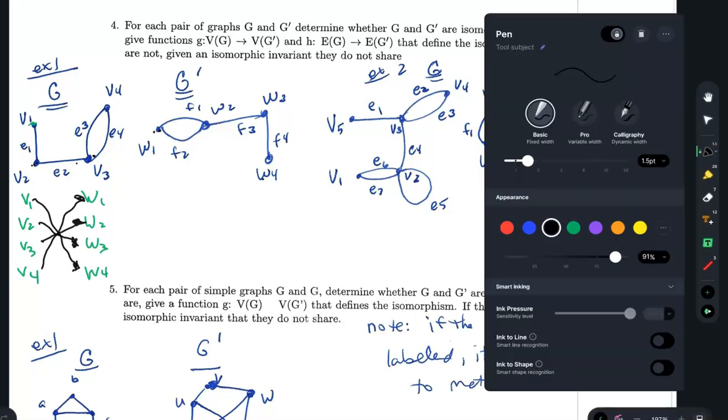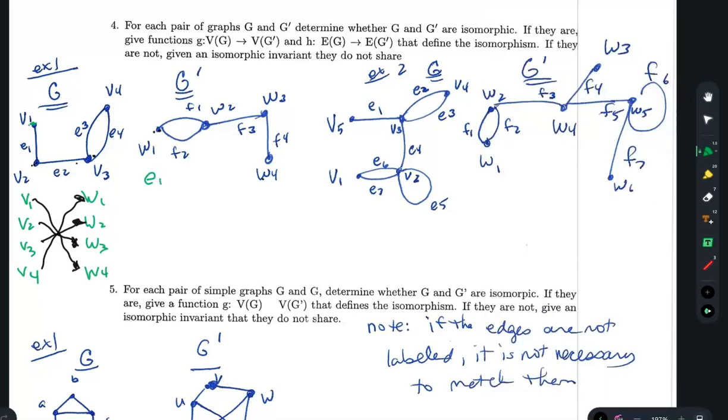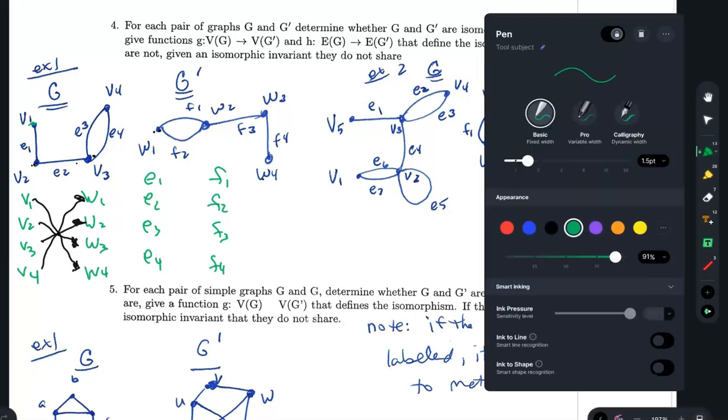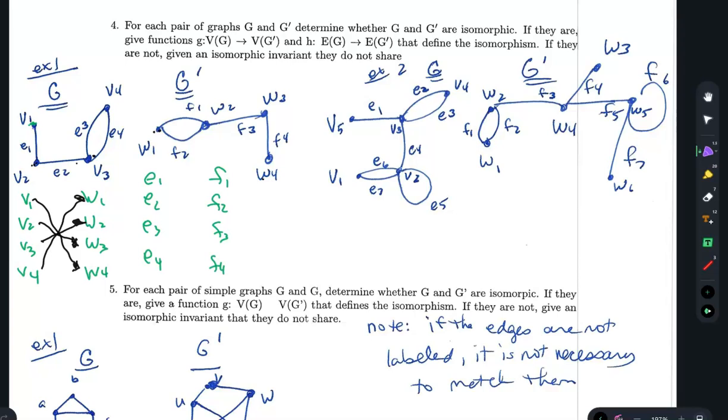Okay, so then we get to do the same thing for the edges. So E1, E2, E3, E4, and F1, F2, F3, F4. Edge 1 here is between the vertex of degree 1 and the vertex of degree 2, so that's got to be F4.